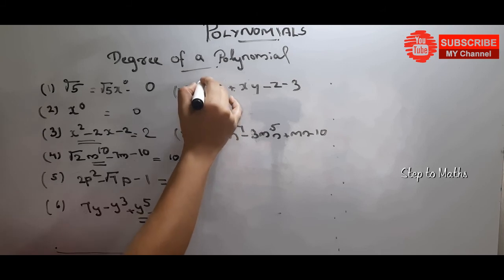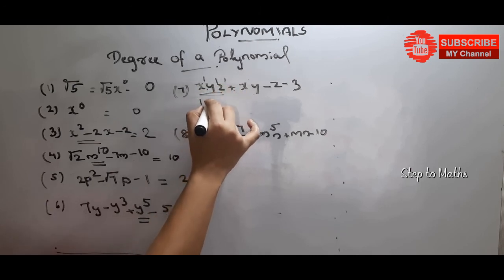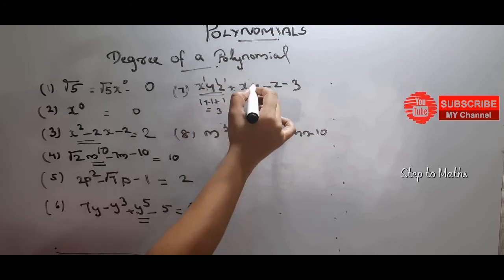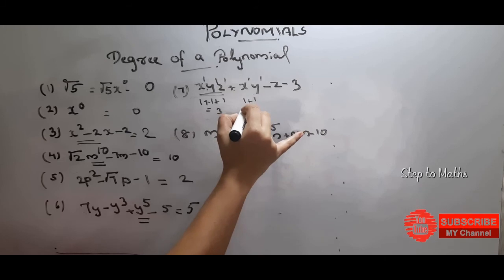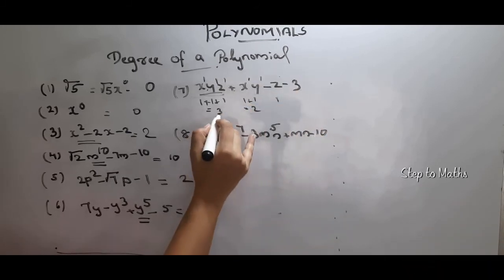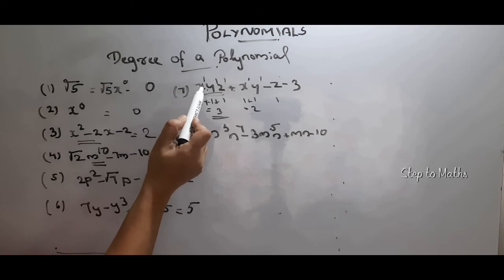What is the degree of this term? X raised to 1, Y raised to 1, Z raised to 1. That is 1 plus 1 plus 1 equal to 3. Consider the next term. What is its degree? 1 plus 1, 2. And the degree of this term is 1. So which is the highest power? 3. So the degree of this polynomial is 3.